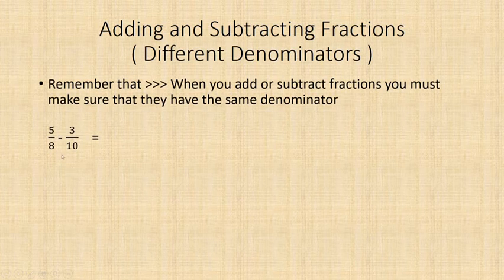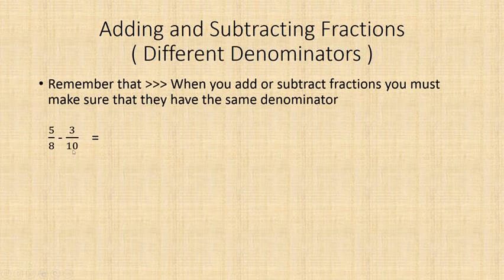These two fractions don't have the same denominators, so I have to think of a number that is divisible by 10 and divisible by 8 at the same time. So I need to find a common number in the times table of 8 and the times table of 10, or in other words, I have to search for the LCM, the least common multiple, of 8 and 10.